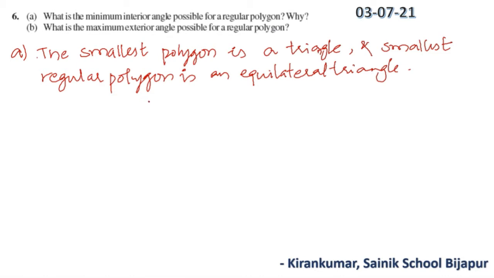This is the smallest polygon we can make using 3 sides. 3 sides is the minimum.